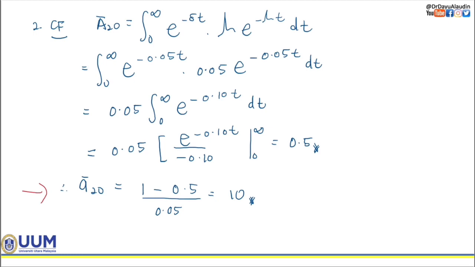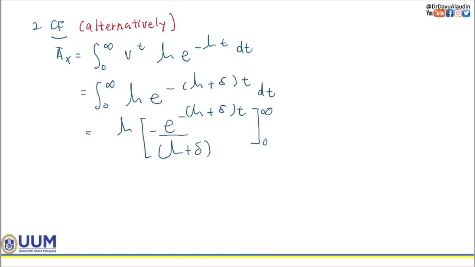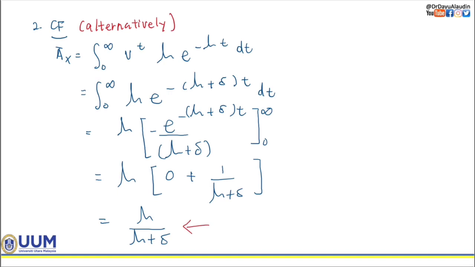For the constant force case, alternatively, we can find the life insurance using this one. Finally we get A_x is equal to mu over mu plus delta, since mu is constant.